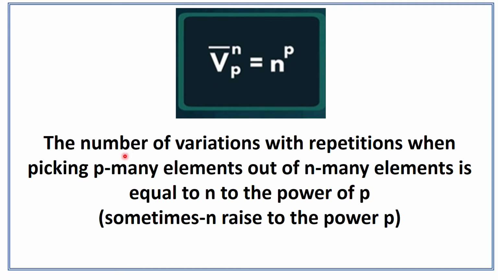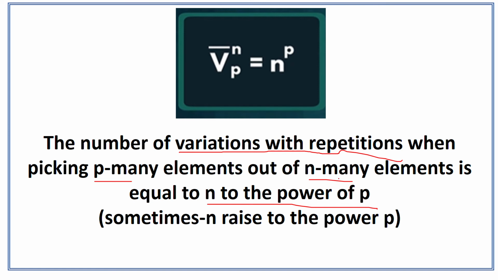How do we read this formula? The number of variations with repetition when picking p elements out of n elements is equal to n to the power of p. Sometimes it is also read as n raised to the power of p.